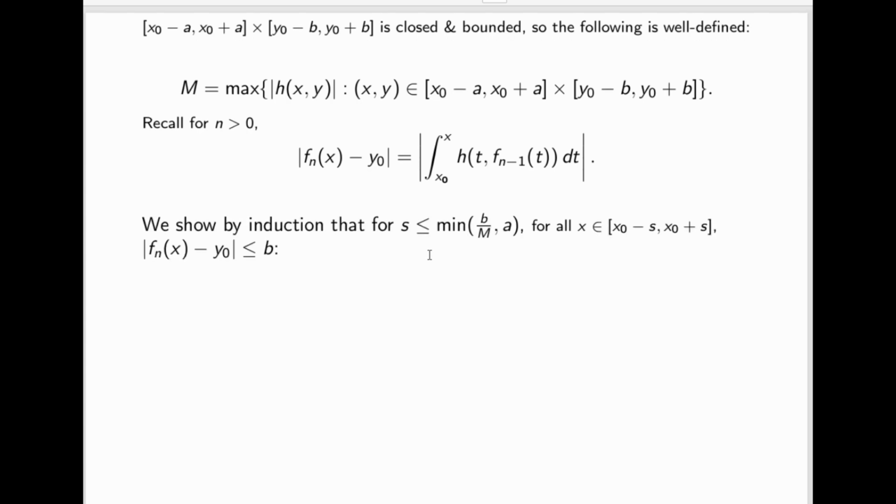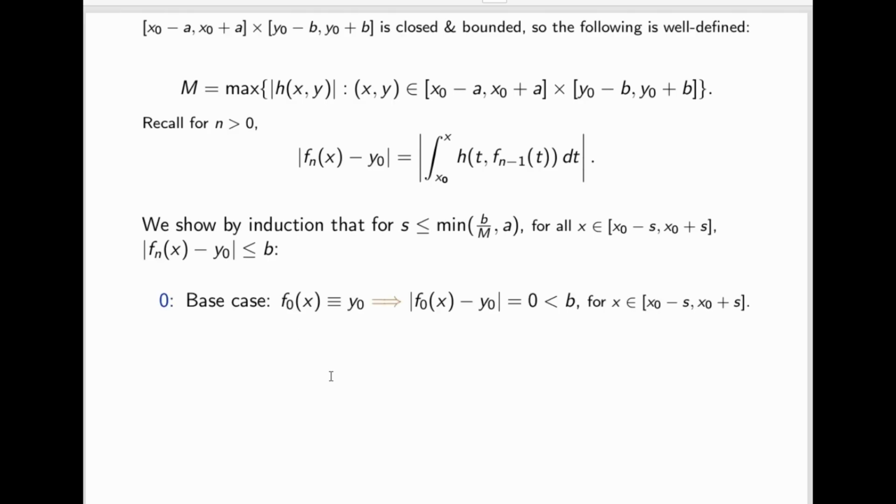We show by induction that for some s less than the minimum of b over m and a, and for all x in the closed interval x naught minus s and x naught plus s, the distance between f n of x and y naught is less than or equal to b.